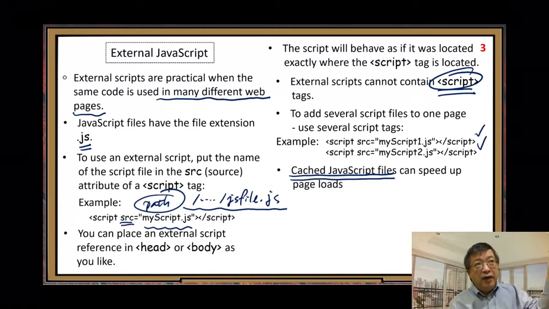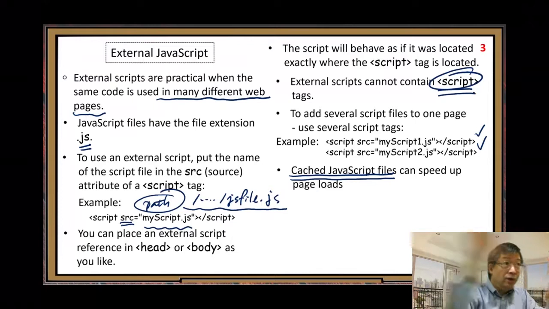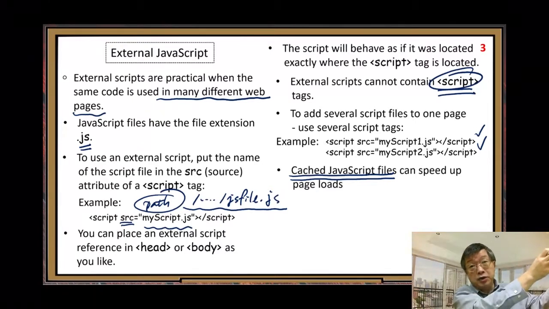Then next, you visit page 2. You need to use the same external JavaScript file. You do not need to load it another time because it is already in the cache. So it just uses the one in the cache to do the job.